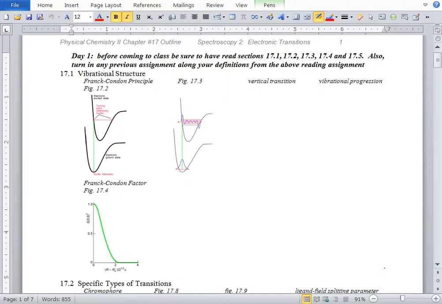That's not an electronic transition. Is electronic transition much more energetic or much less energetic? Much more energetic. Because what region of the electromagnetic spectrum are we talking about for vibrations? Infrared. We're talking about almost 1,000 times more energetic for electronic.